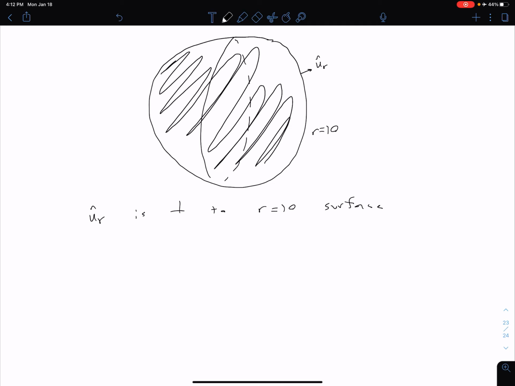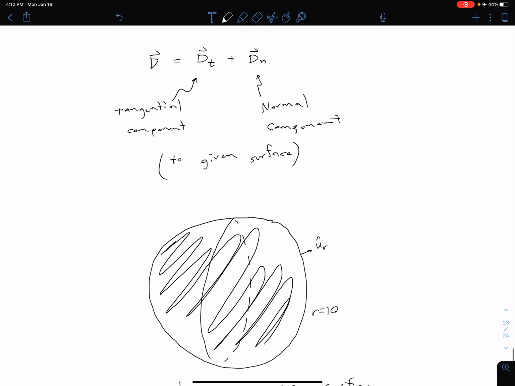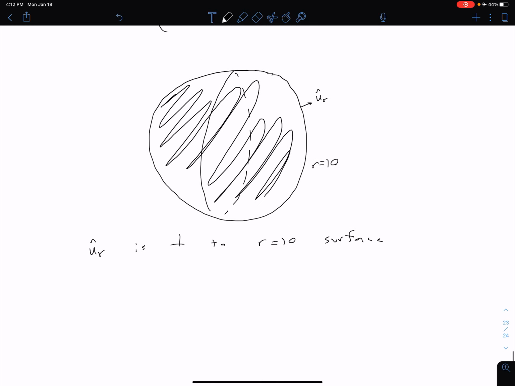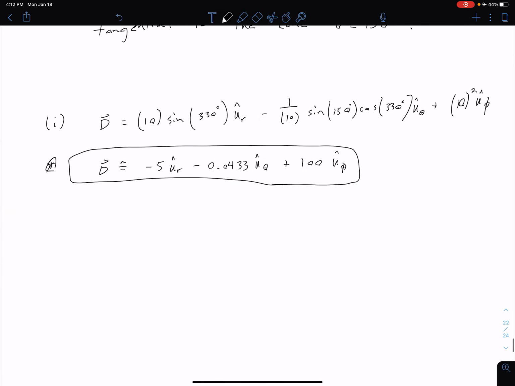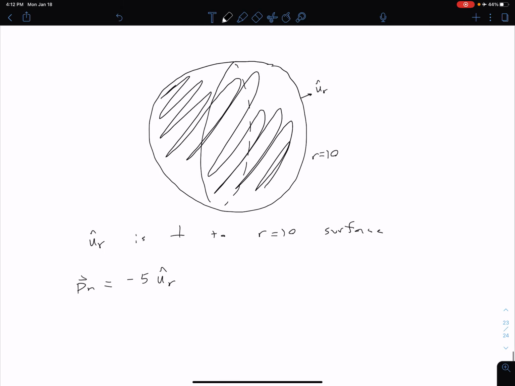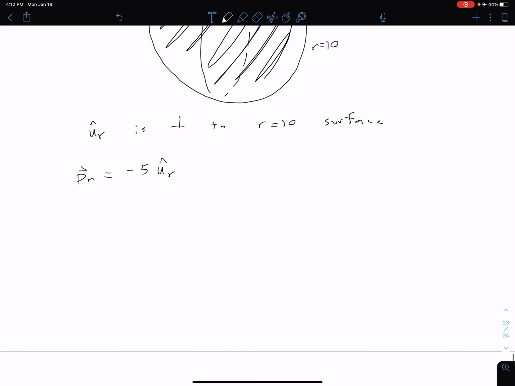And so what we can do then is use this basic equation here, and we can say that our D sub n is equal to -5 times u sub r from our previous equation. In our previous answer, we found that we had a -5 in our r direction, so that's going to be our normal component. Now if we want our tangential component, we can say D sub t is equal to D minus our normal component.